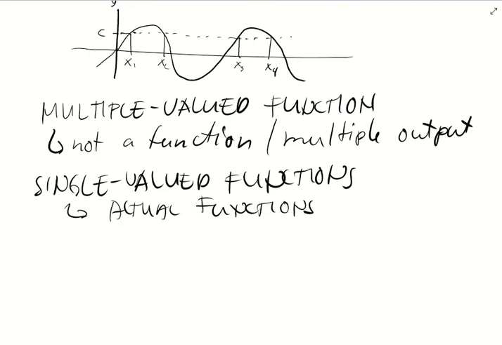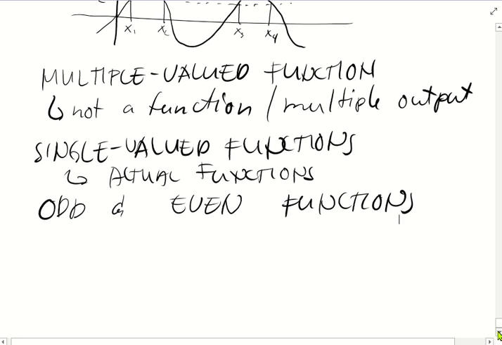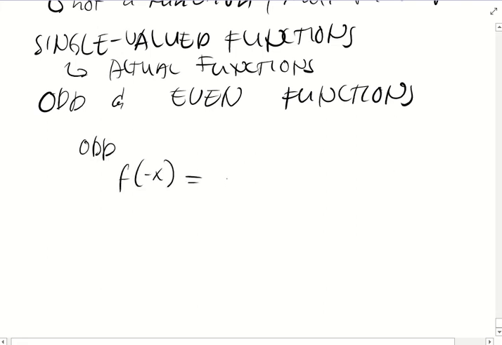Okay? Then we also have odd and even functions. So what are odd and even functions? An odd function is when f of negative x is equal to negative of f of x.